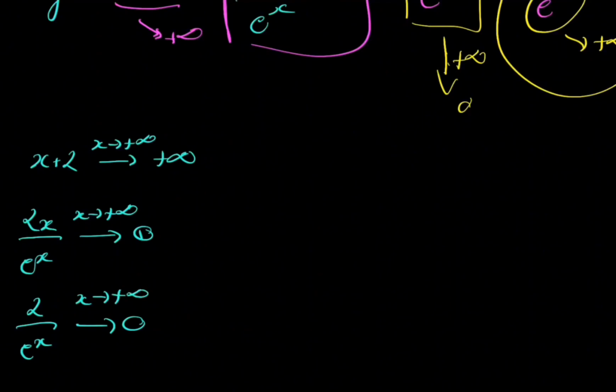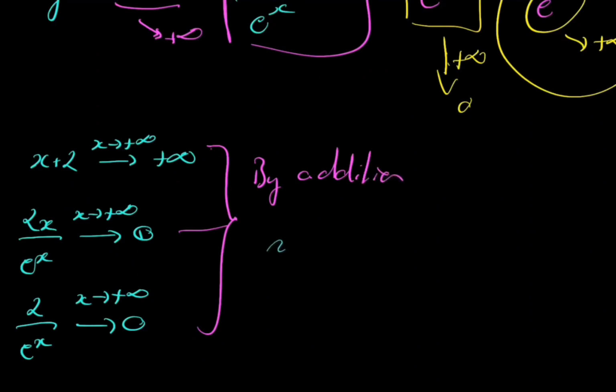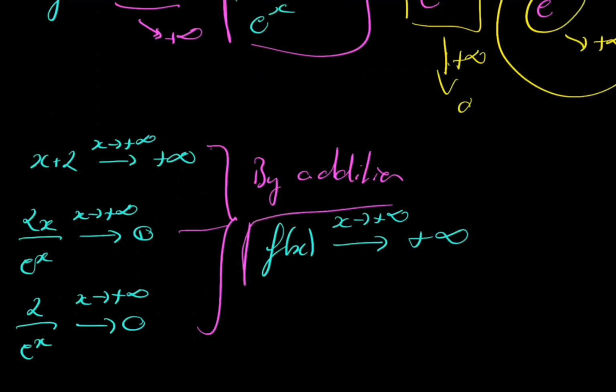And so, by addition, we've got f of x that tends to plus the infinity when x tends to plus the infinity. So we've got a plus 0, but I won't write it down. So that's the first part of the question.